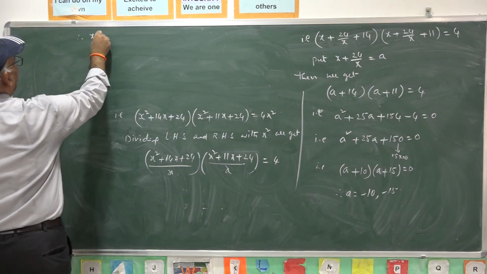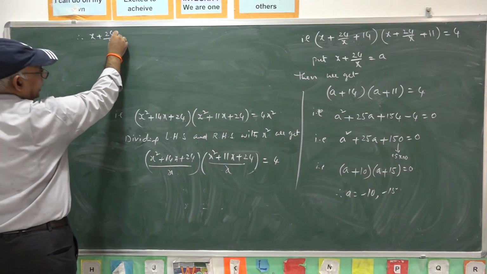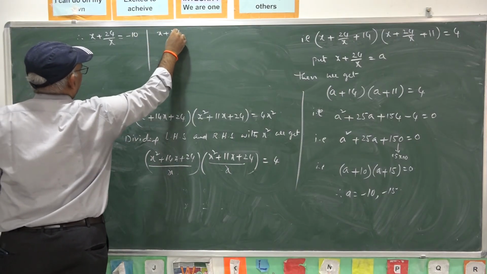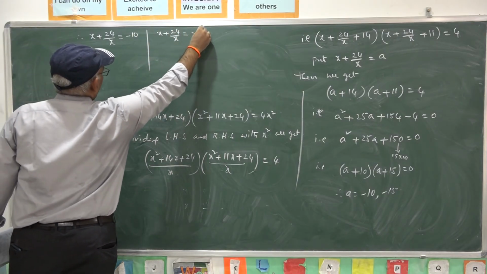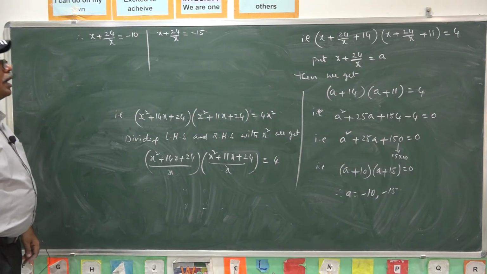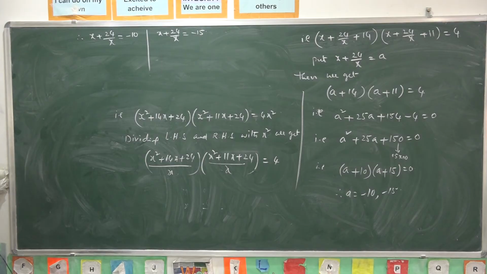Therefore, x plus 24 by x equal to minus 10. Another option is x plus 24 by x is minus 15.